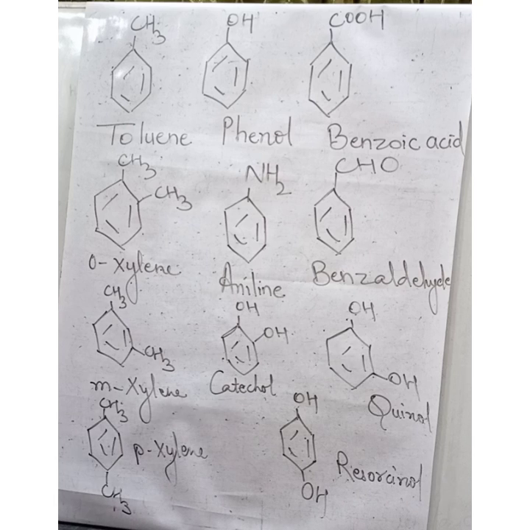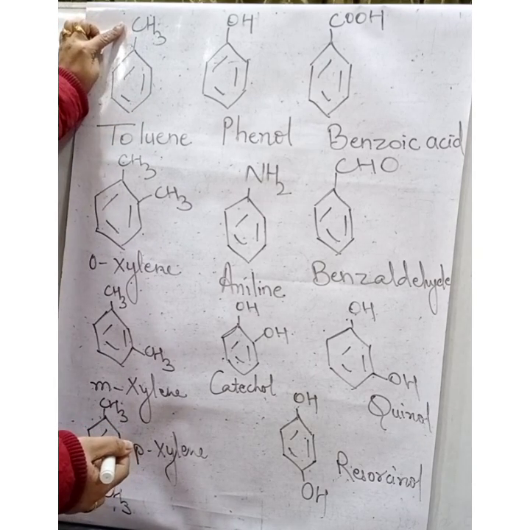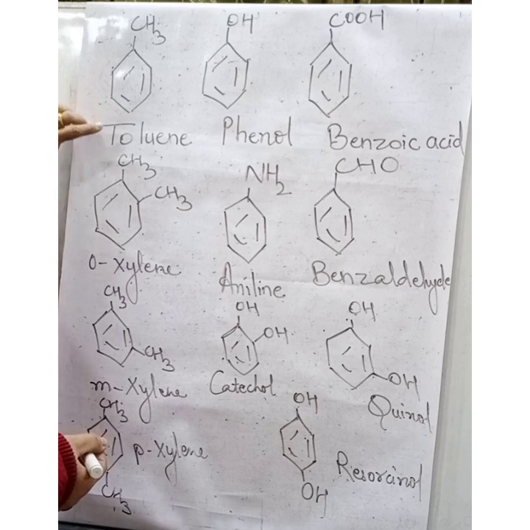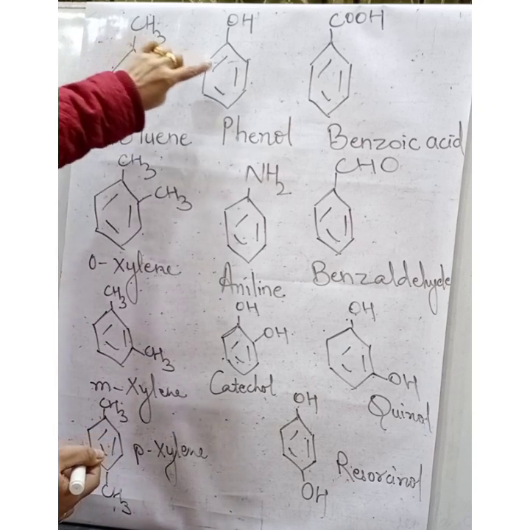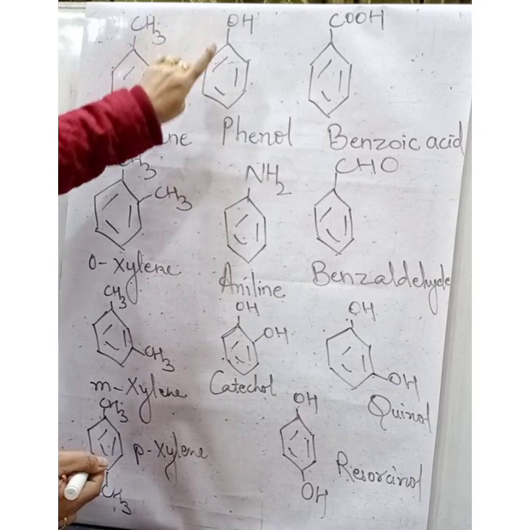Now these aromatic compounds are mainly known by their popular names instead of IUPAC names. So there are certain names which we have to keep in mind. When a benzene ring is attached with a methyl group, the IUPAC name is methyl benzene, but it is popularly known as toluene. When a benzene ring is attached with an OH group, it is popularly known as phenol.